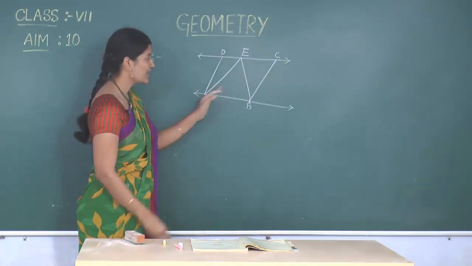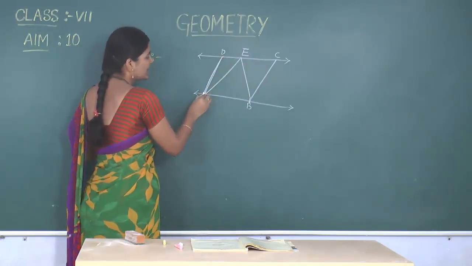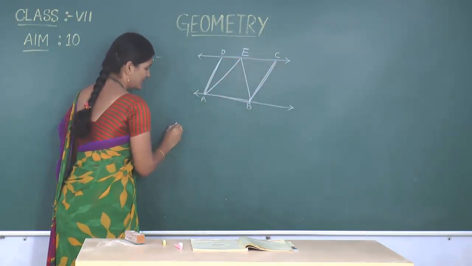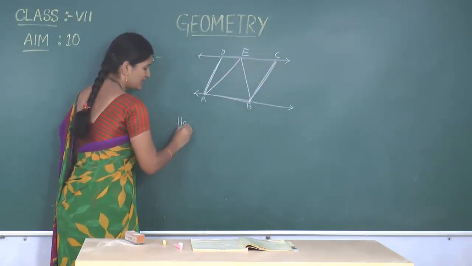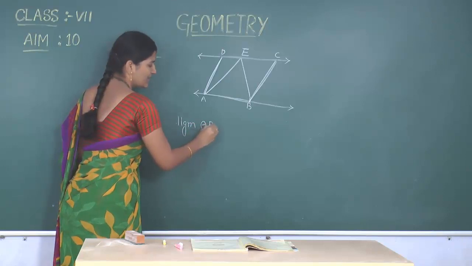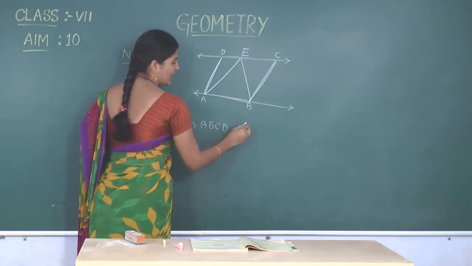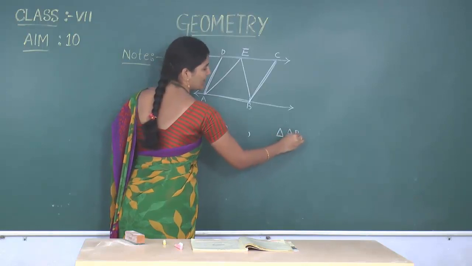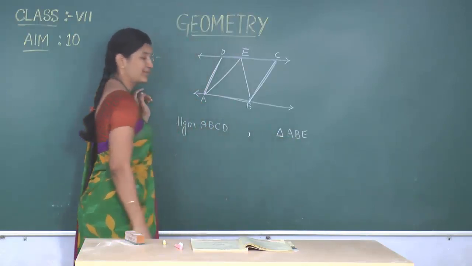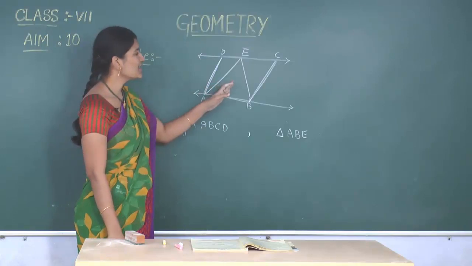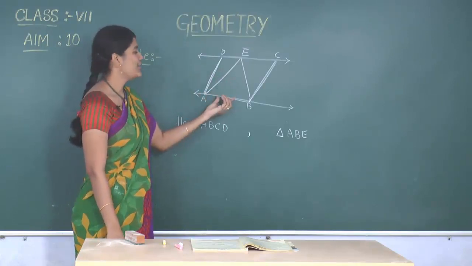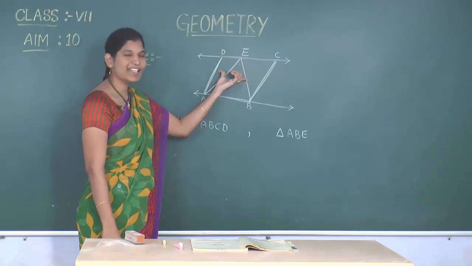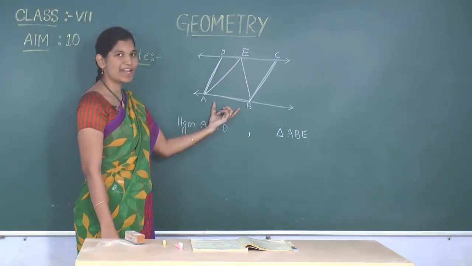See, in this figure you can see ABCD is a parallelogram, and you can see triangle ABE. What is the common thing in these two? The base of the triangle and the base of the parallelogram is equal, which is AB.